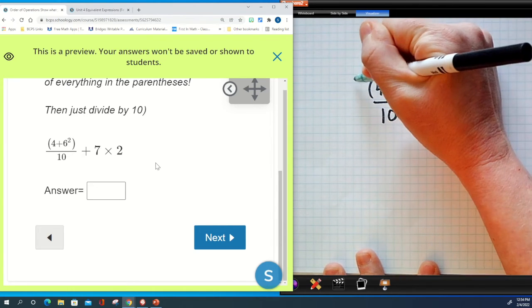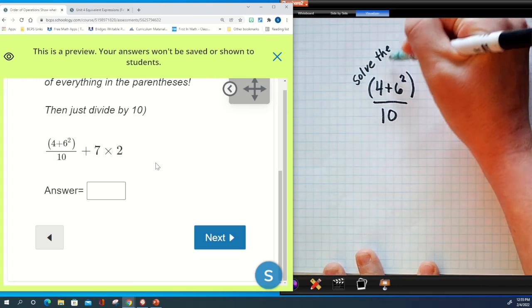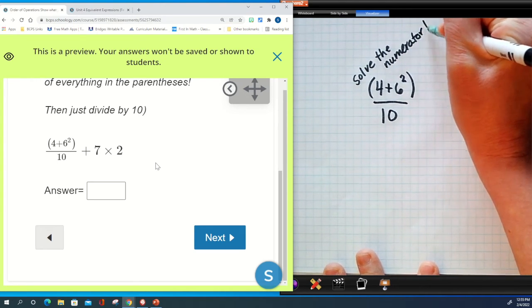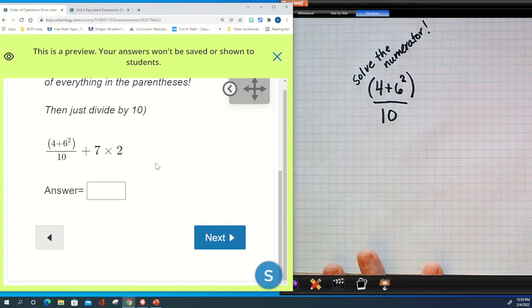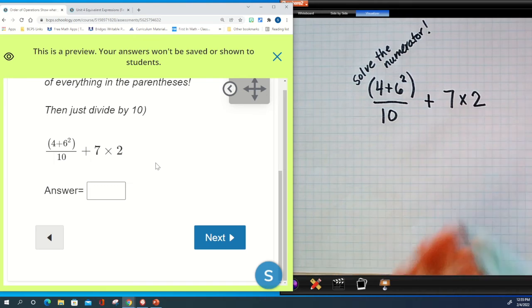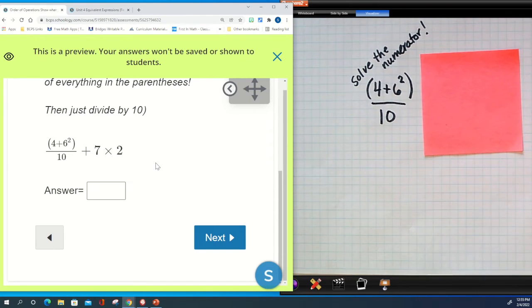So we need to solve the top first. Solve the numerator first, okay? I don't even care about the rest of the problem. I don't even care about that. In fact, a good strategy is take a Post-it note and just cover it up. I don't care about that.